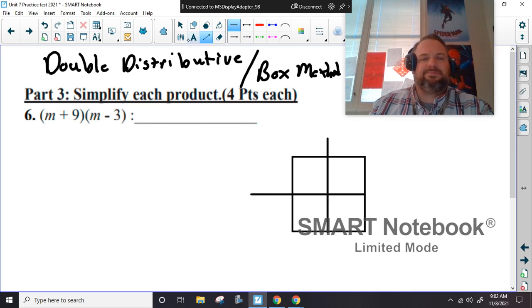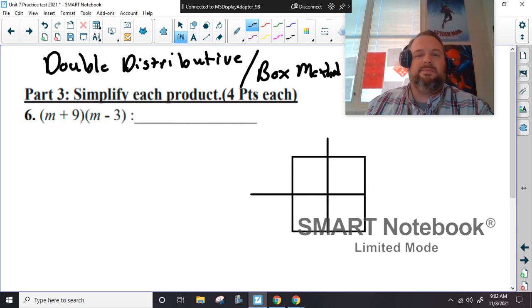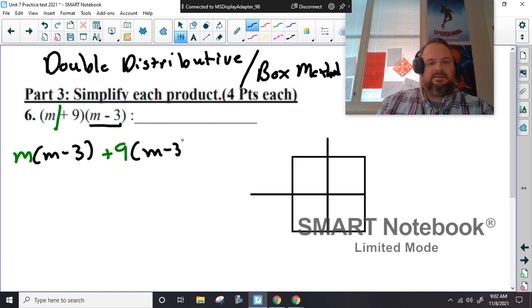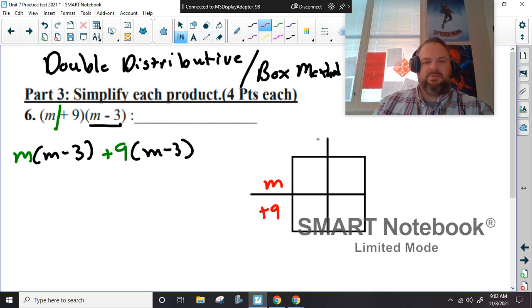So if you're doing double distributive, remember you cut it like this, and then it's this multiplied twice. Or I like to write mine this way. I'm just weird.